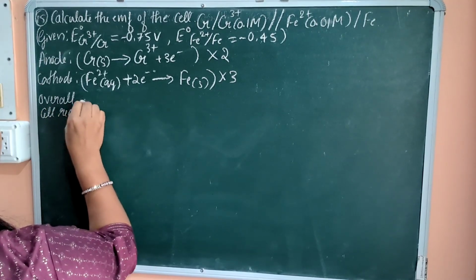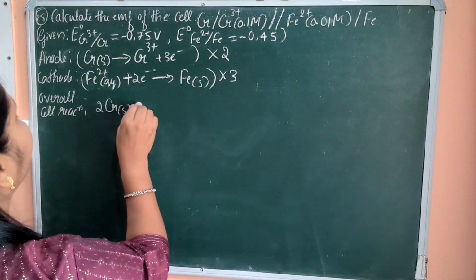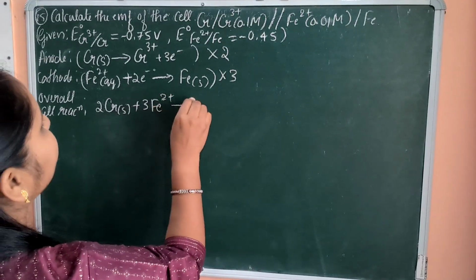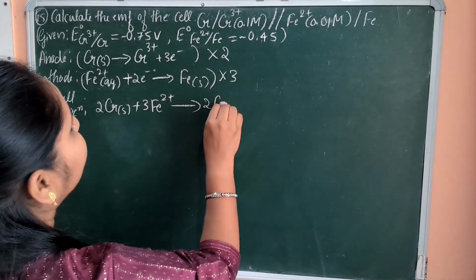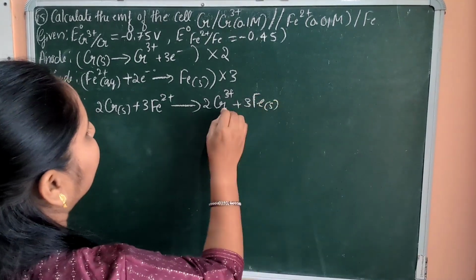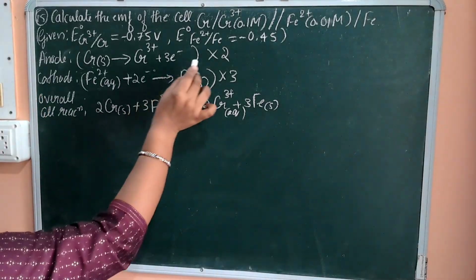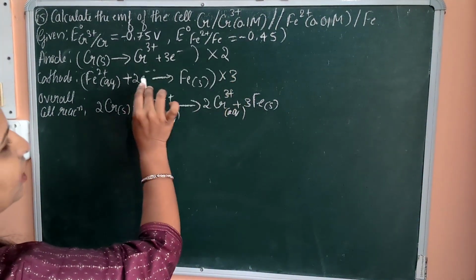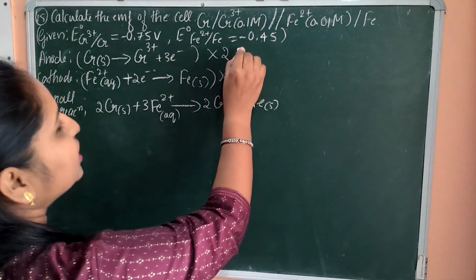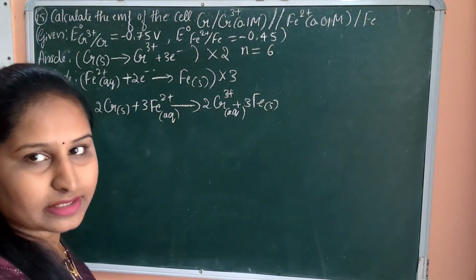Overall cell reaction: 2 chromium plus 3 Fe2+ gives 2 chromium 3+ plus 3 Fe, with the ions being aqueous. So the number of electrons involved here becomes 6 on both sides, so both will get cancelled. So the number of electrons involved in this reaction, n, will be equal to 6, because 2 into 3 is 6.